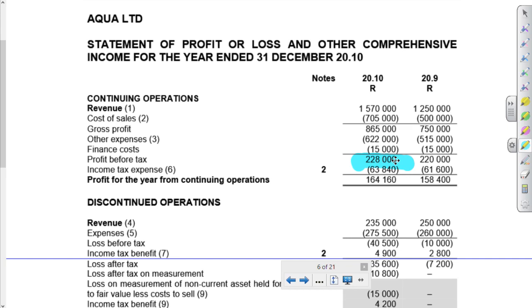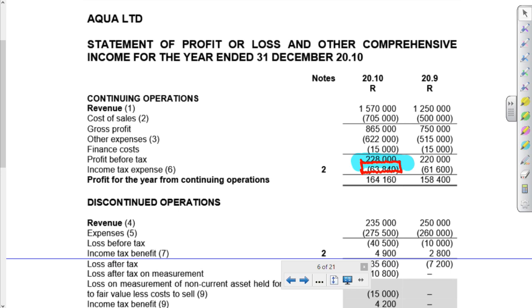So your tax line in your P&Ls for discontinued and continuing operations is just your profit before tax adjusted for permanent differences times 28%. If you need to do a tax note, then you need to do tax and deferred tax because you need to know how much is current and how much is deferred. But if they just ask you for the P&L, then you don't have to.